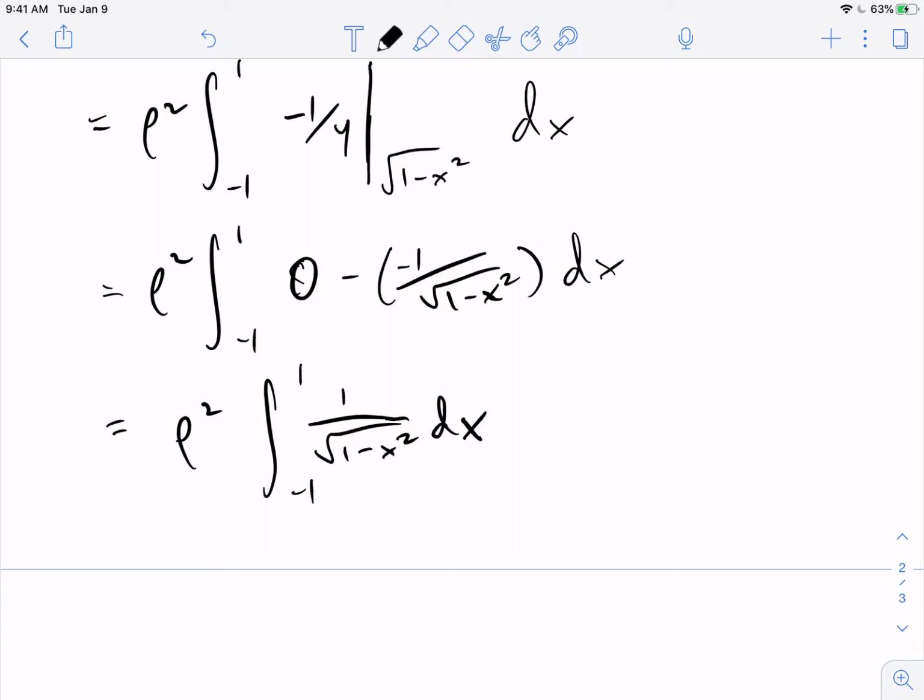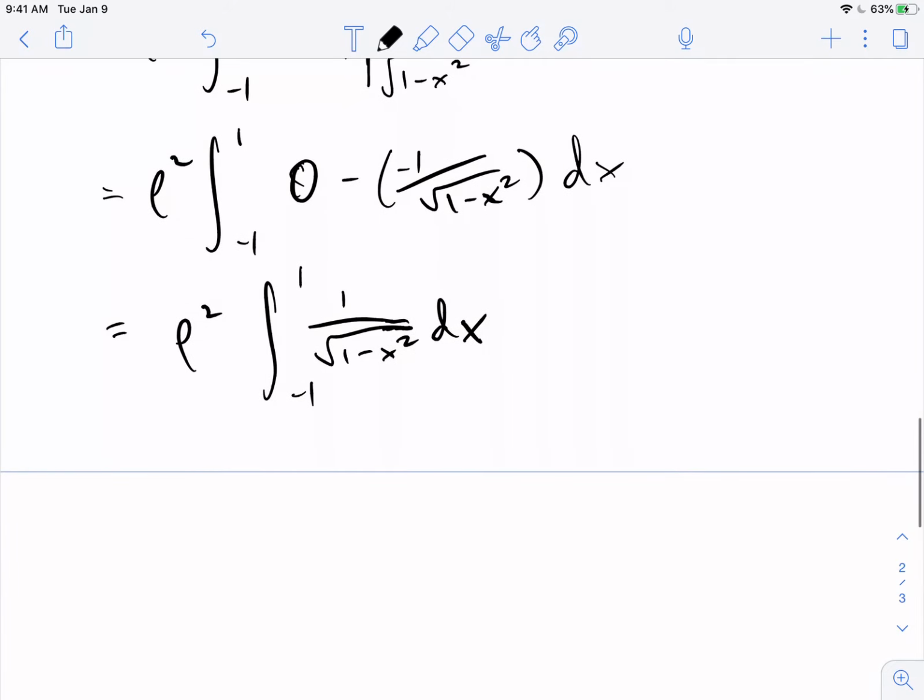Okay, so at this point you're looking at this and you're probably having some flashbacks, some PTSD. You know that this is a scary looking integral, and maybe you have a suspicion that if you go and look up antiderivative tables, there's one in there that tells you what the antiderivative of this is. Or maybe you remember what the antiderivative is.